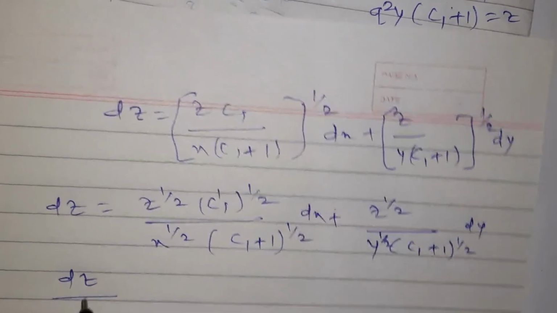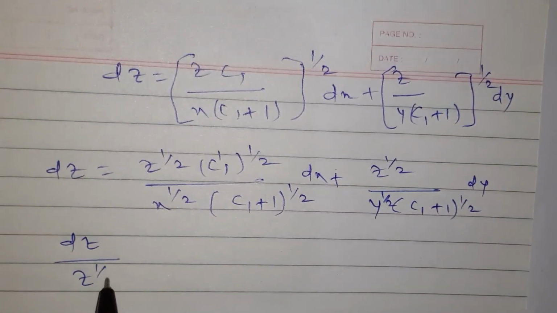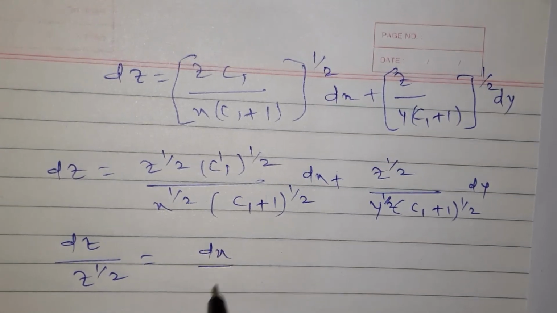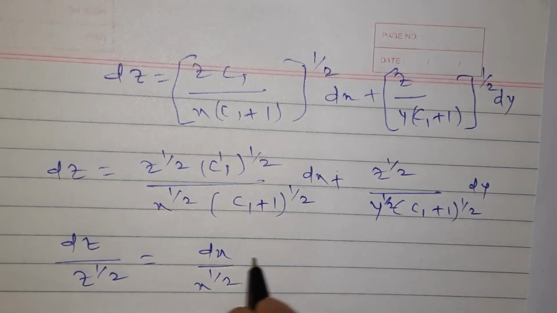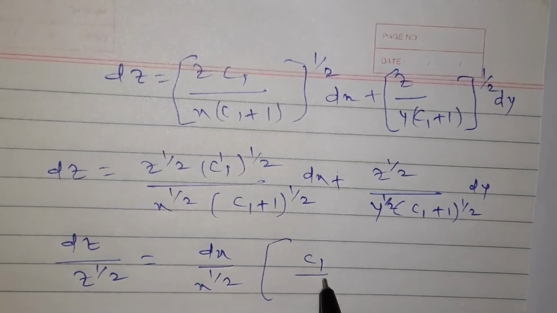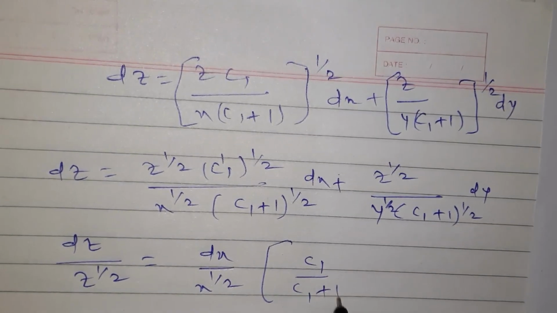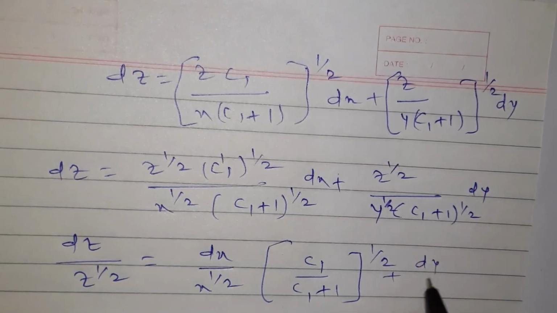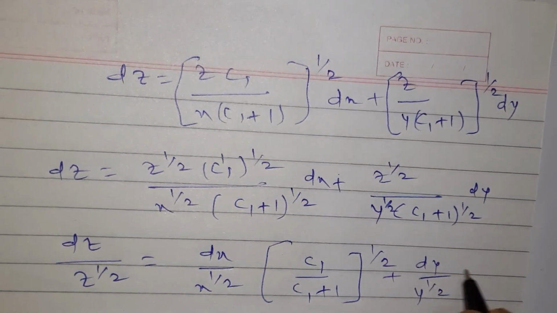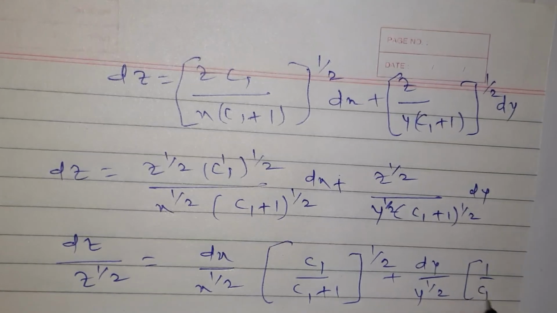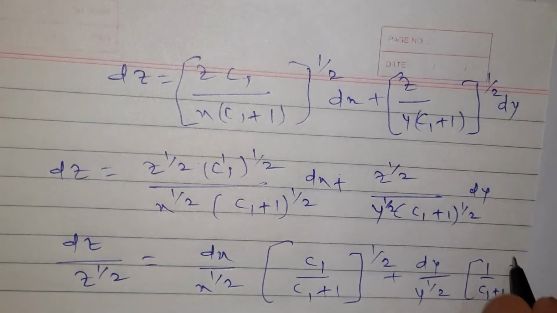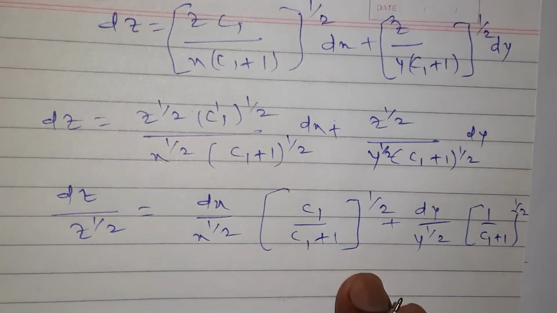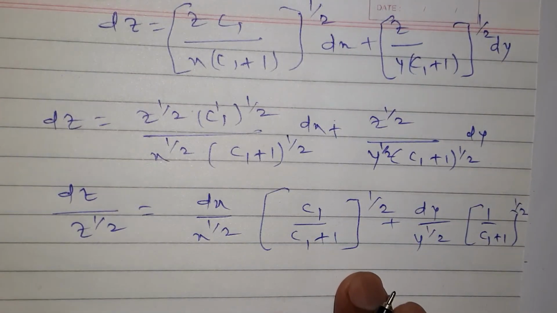So dz upon z raised to 1 by 2 is equal to, yes, dx upon x raised to 1 by 2, and this is the constant c1 upon c1 plus 1 raised to half, plus dy upon y raised to 1 by 2, and this is the constant 1 upon c1 plus 1 raised to 1 by 2. For the constant you don't worry about it. It is just a constant, we take an arbitrary constant.